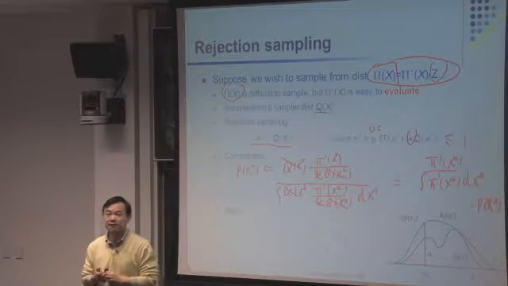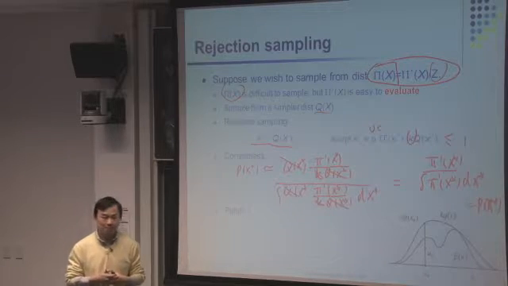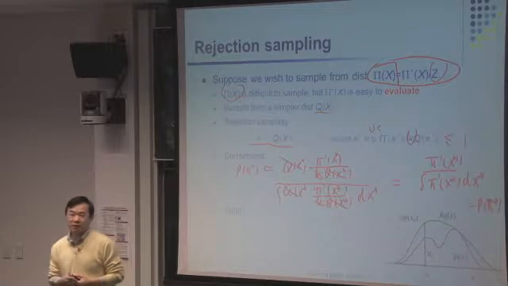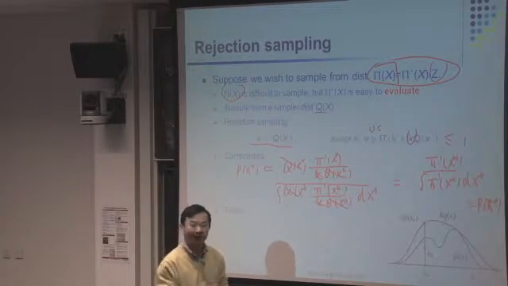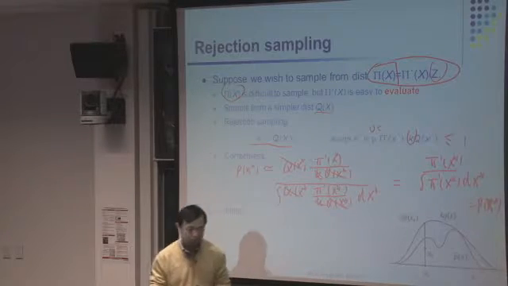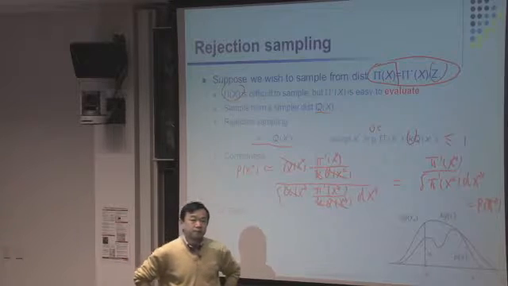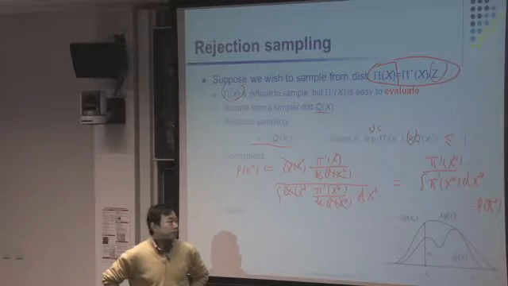What do we pay for that? That could be a very subtle question. Yes, please. There's two things. One, you have to figure out this k constant. And another is that if Q is very different, k will be large, and you're going to reject a lot of your samples. Good point.